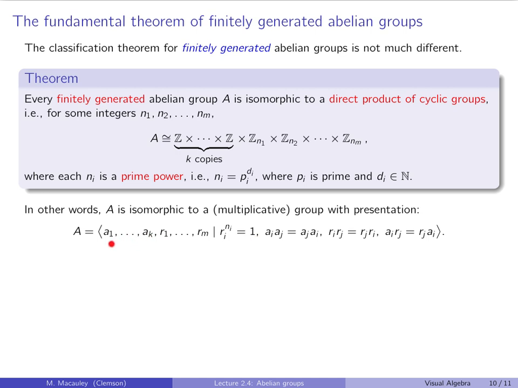The ai have infinite order, so the only relations between them are that they all commute with each other. Similarly, the ri all commute with each other. And then the ai and the ri commute with each other. I didn't really have to write down this presentation, and I don't think you'll really be working with it, but it's worth seeing another way to write something like this and noticing why these two things are equivalent.